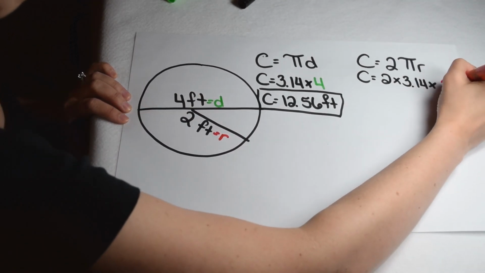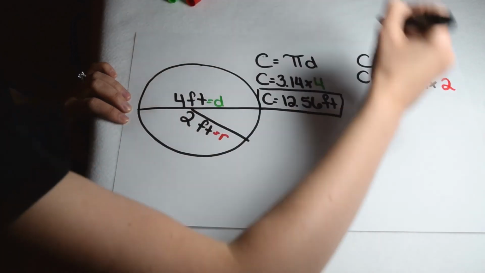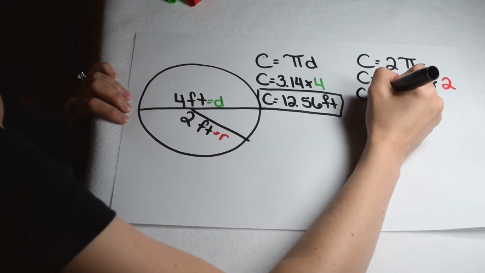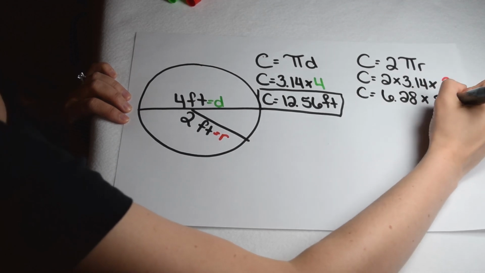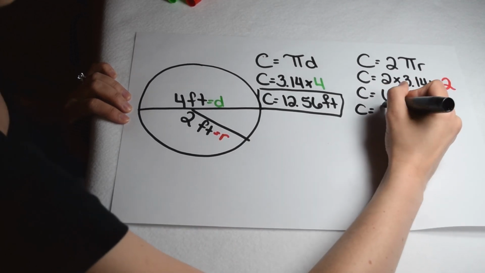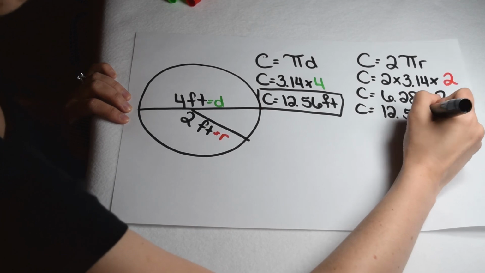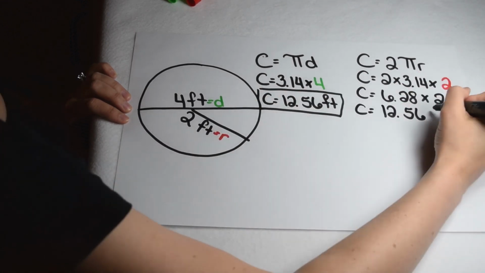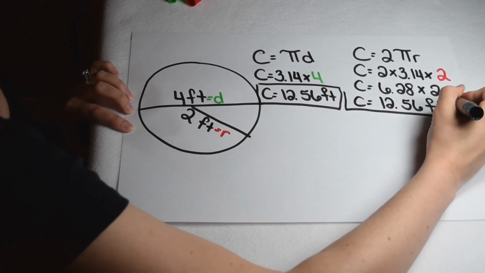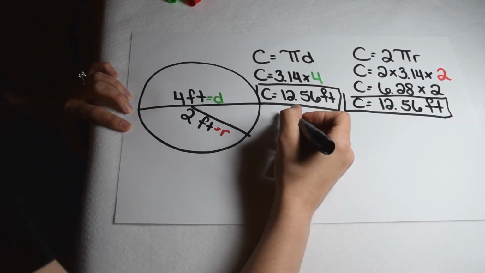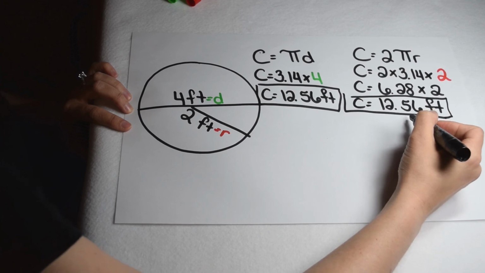So I have 2 times 3.14 times 2. 2 times 3.14 is going to give me 6 and 28/100. I can then multiply 6 and 28/100 by 2, and that is also going to give me 12 and 56/100. Again, we're labeling our answer in feet. No matter which equation we use, pi times diameter or 2 times pi times my radius, we're going to get the same result for our circumference.